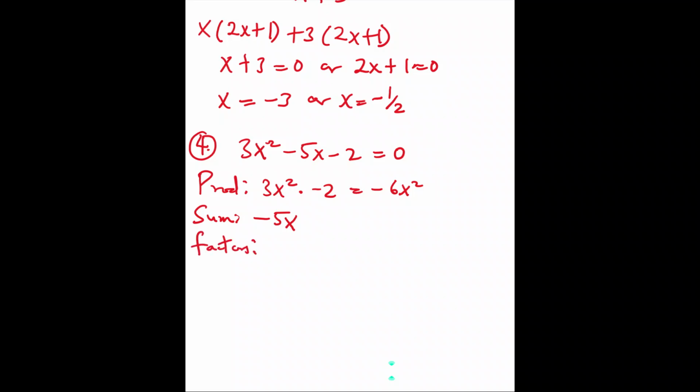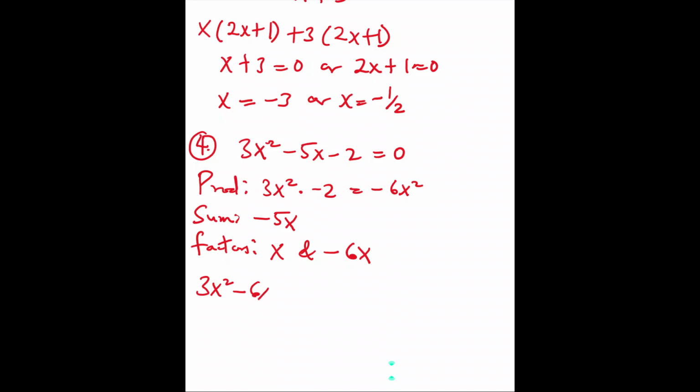Okay? So the factors of minus 6x squared, if we do x times minus 6x, we get minus 6x squared, and if we add up plus x and minus 6x, we get minus 5x. So the factors we have are x and minus 6x.